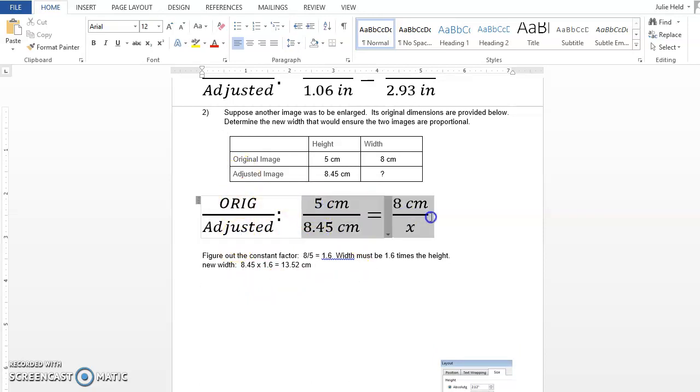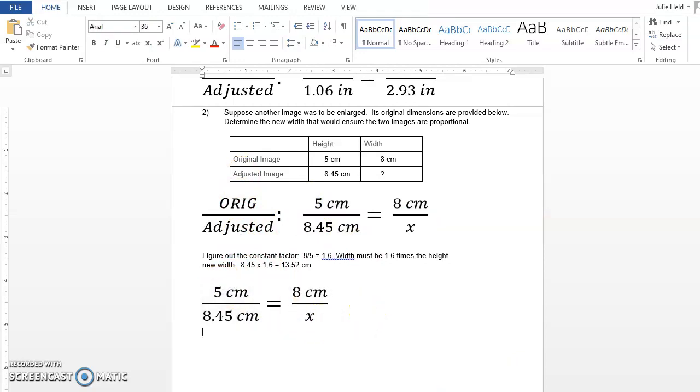Now, what else could I do? I had this equation, and you've practiced solving equations. We could solve the equation for x, just treat it as an algebra equation. But the easiest way to solve a proportion is by using the cross product concept.